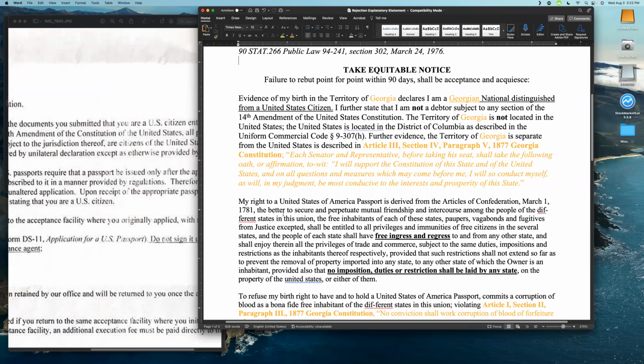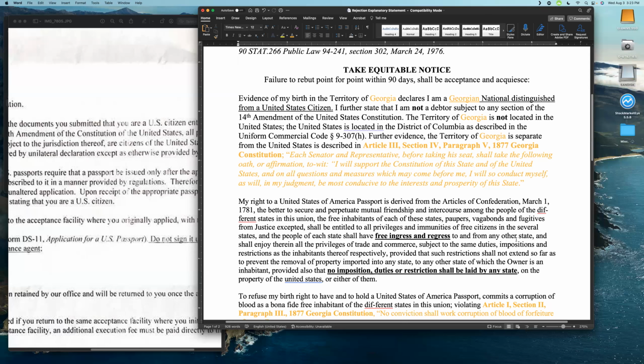And it says, the better to secure and perpetuate mutual friendship and intercourse among the people of different states in this union, the free inhabitants, that's you and me, of each of these states, paupers, vagabonds, and fugitives from justice excepted, shall be entitled to all privileges and immunities of free citizens in the several states, and the people of each state shall have free ingress and regress to and from any other state.